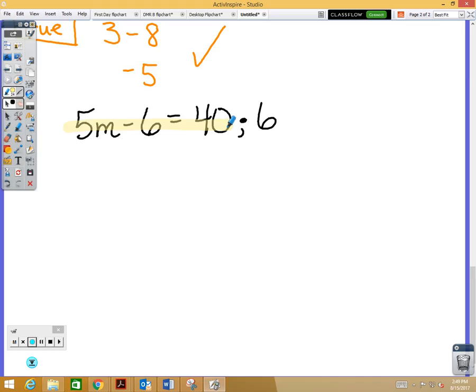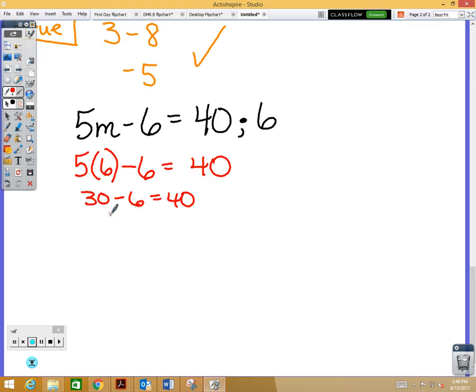So I really don't like the way they have it written on your assignment, but I want you to understand what they mean by that. They're wanting you to put the 6 in for your variable. So I'm going to rewrite this as, instead of 5 times m, 5 times 6 minus 6 equals 40. And 5 times 6 is 30. 24 equals 40. False.